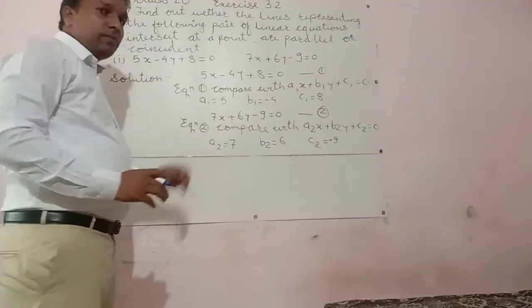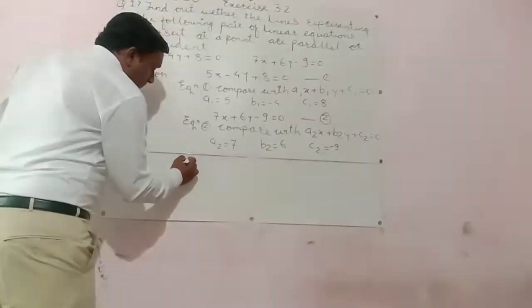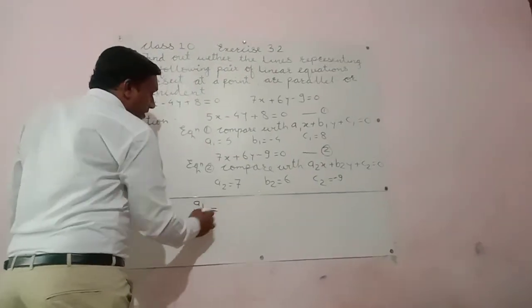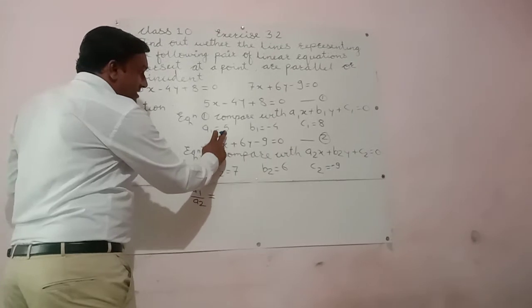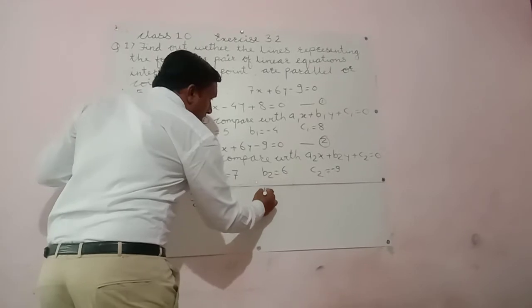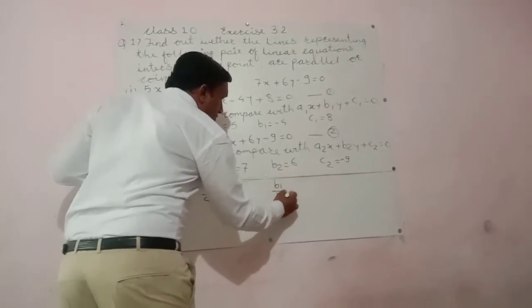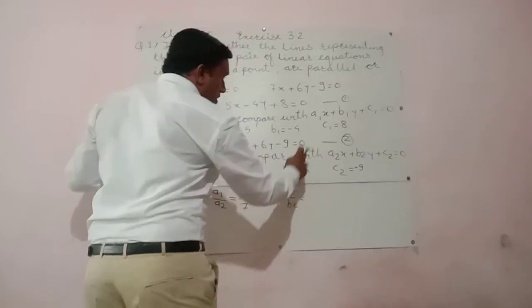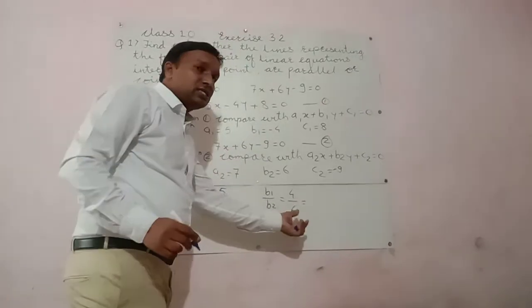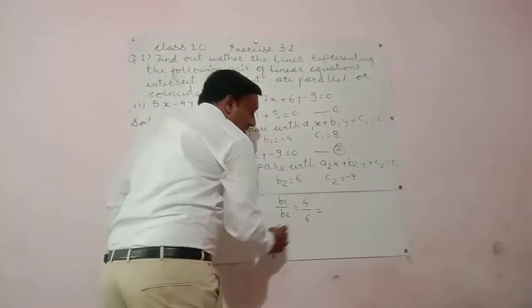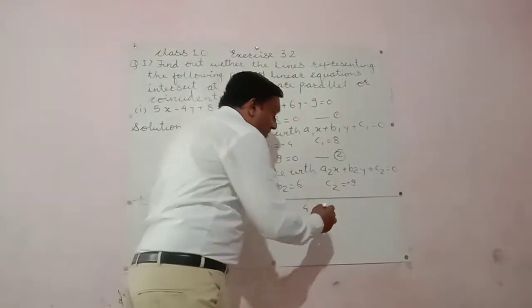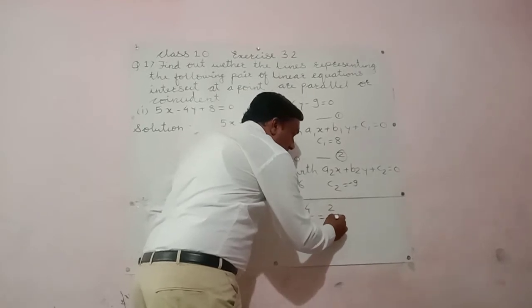Now we compare it by using ratios. So a1 upon a2 means 5 upon 7, b1 upon b2, so we get minus 4 upon 6. 4 upon 6 we can simplify as 4 is in the table of 2 and 6 is in the table of 2. So 2 2s are 4 and 2 3s are 6.